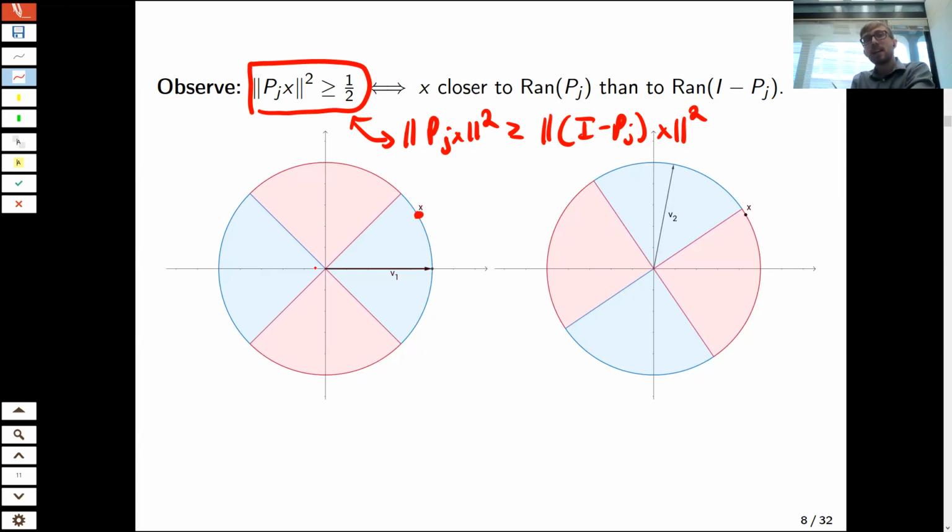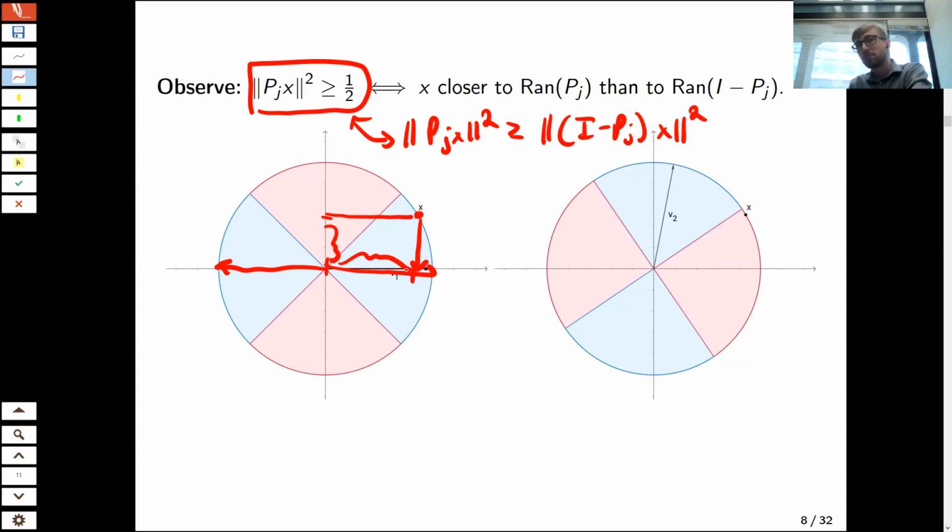Again, if we have our vector x, and let's say the range of my first projection, P1, is this subspace, so here I'm in R2, then the norm of its projection is giving me this length, and I'm comparing that to projecting it onto the complementary subspace and comparing that to this length.